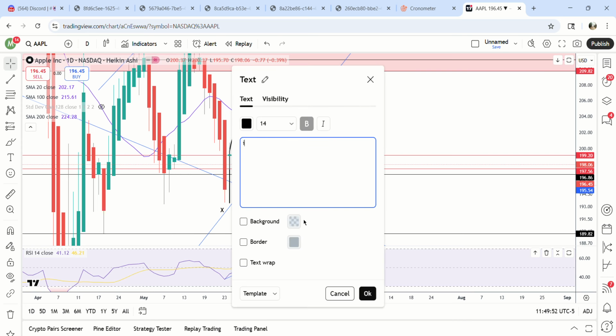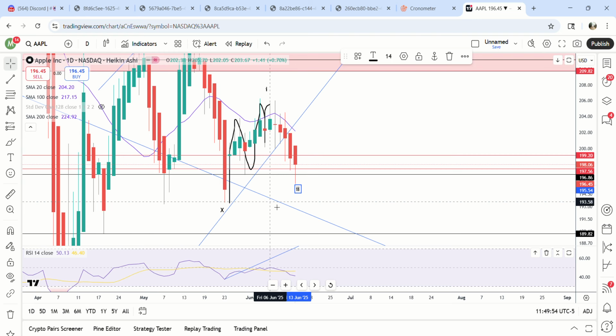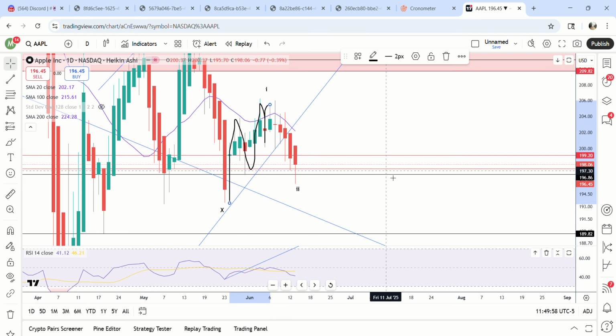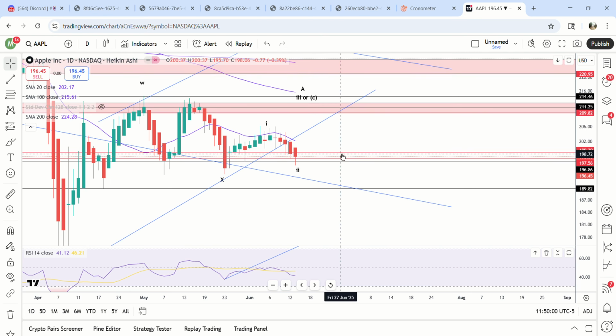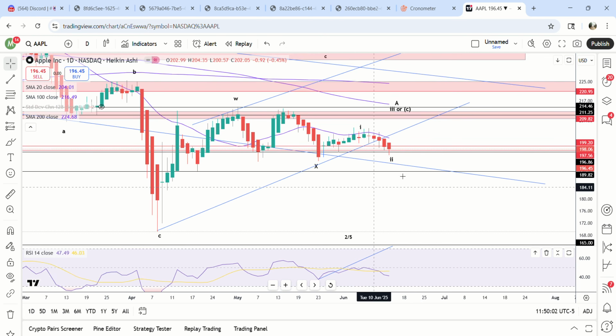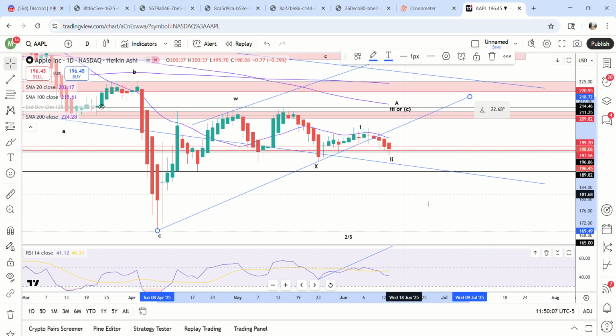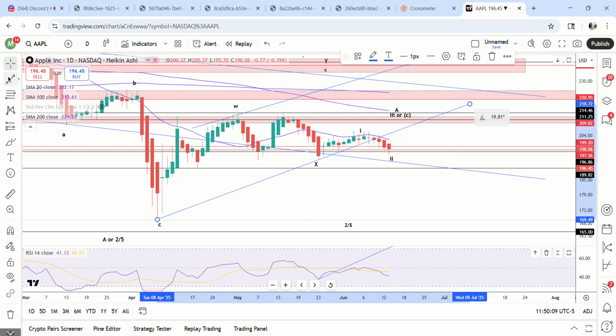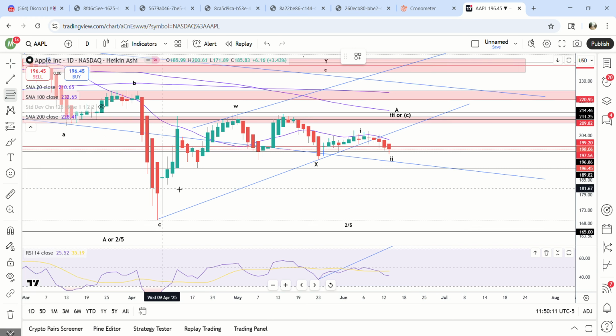So basically, invalidation for this is going to be below 193.48. And I would expect 238. If we get a shorter move, though, it's possible. Let's see what the minimum would be. Minimum is probably going to be, I would say probably 220 would be a good minimum.